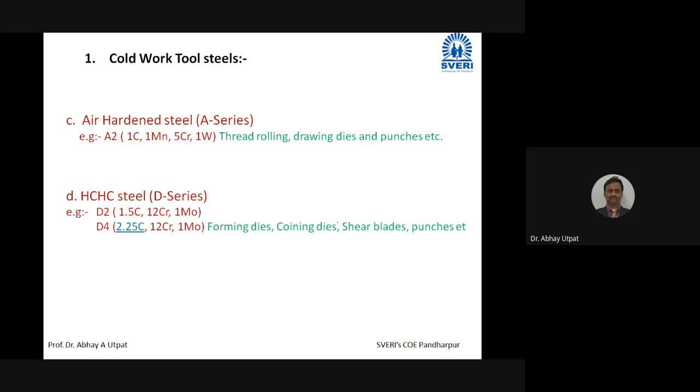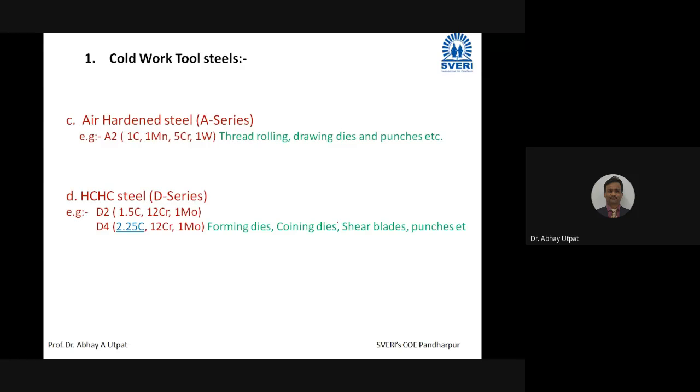Now question number 2. Why can water hardened steels not be air hardened? The first requirement is to achieve the ultimate hardness. Water hardened steels have alloying elements in negligible amount. So to make the part hard, you need martensite. If you cool in water, pearlite converts into austenite and then into martensite, and our aim is achieved.